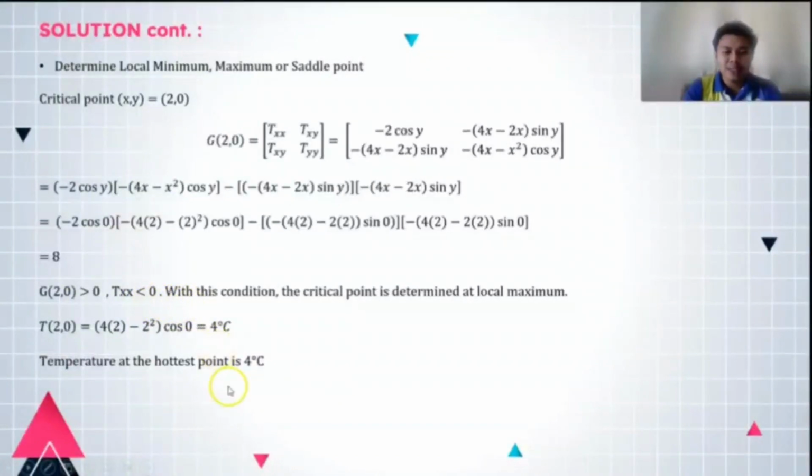With this condition, the critical point is determined as a local maximum. Then we can conclude that this is the hottest point of the rectangular region, and the hottest point is 4 degrees Celsius.